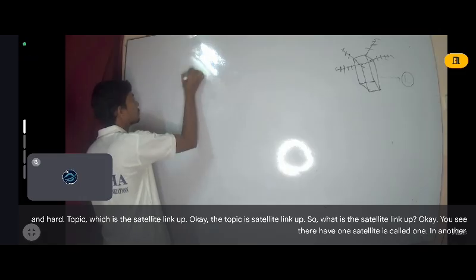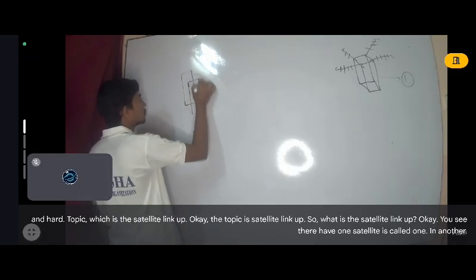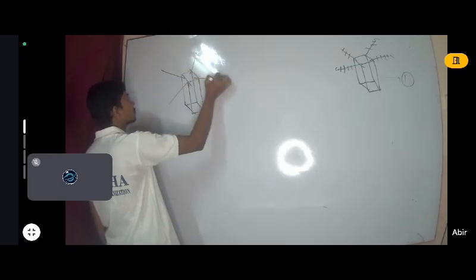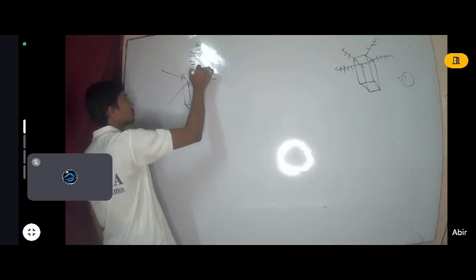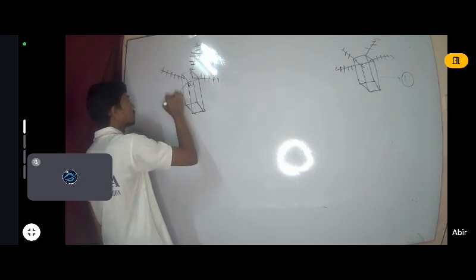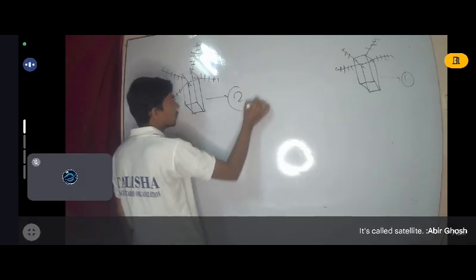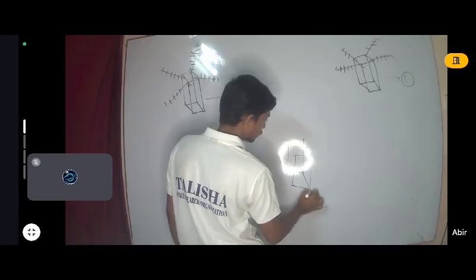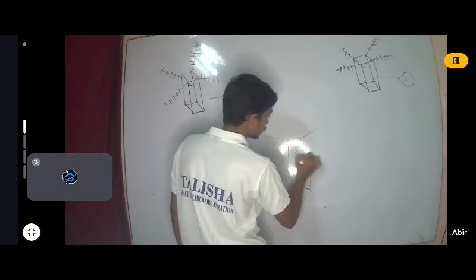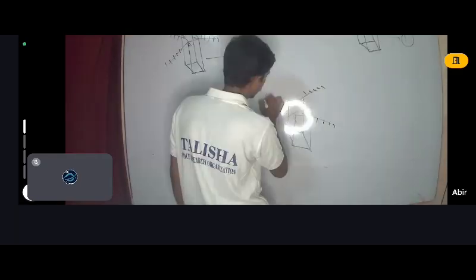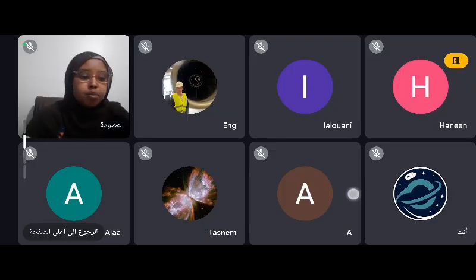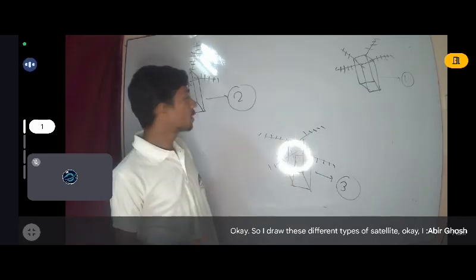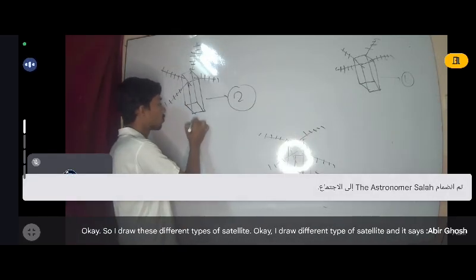In another, it's called satellite 2. I draw these different types of satellite, and they are all 2U satellites.